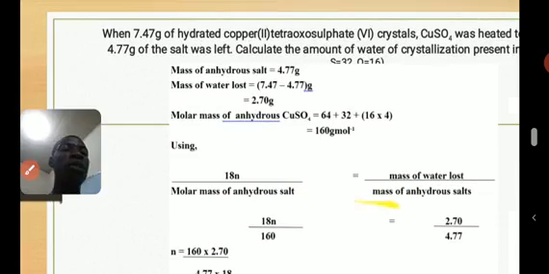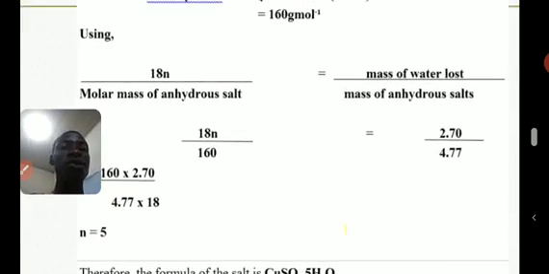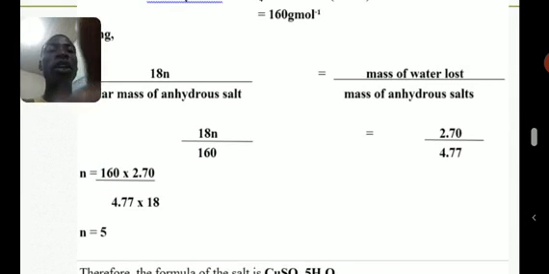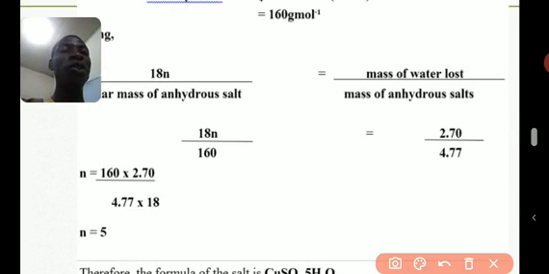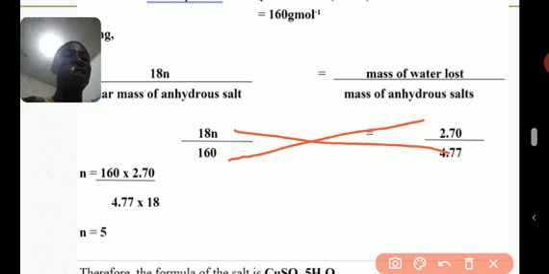If you cross multiply, I know that SS1 students, you like to be drawing multiplication. So you can multiply that. So 18N times 4.70 equals 2.7 times 160.